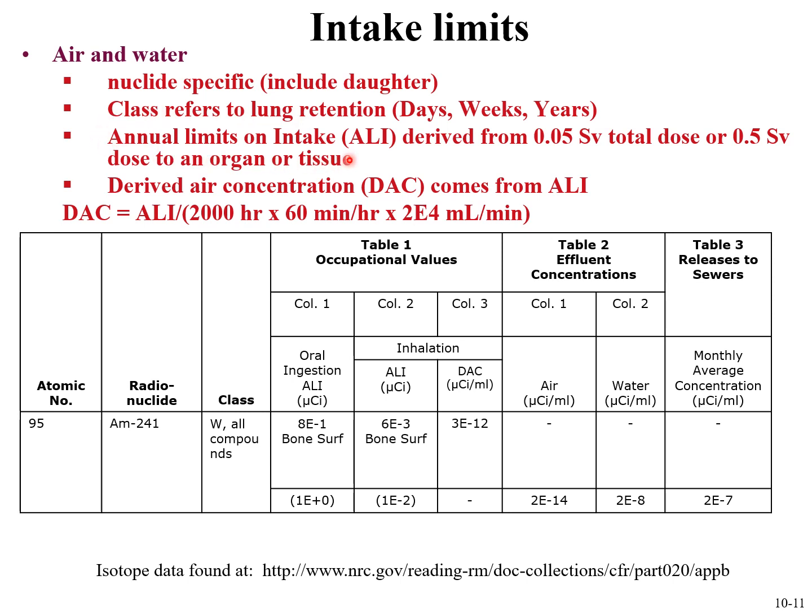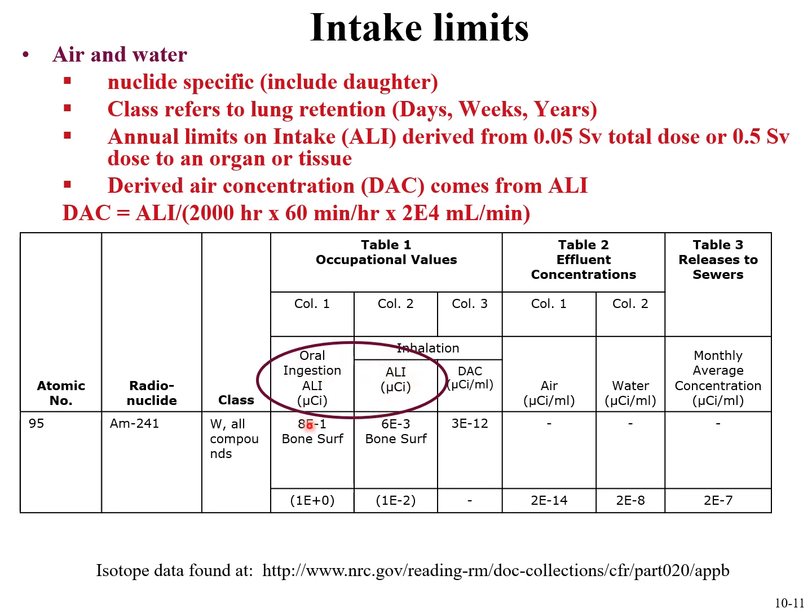The annual limit on intake is derived based upon a dose received of 0.05 sievert from a given radionuclide. The ALIs, as they're called, the annual limit on intake, are listed here. You see that there are two different ones, an oral ingestion or an inhalation.